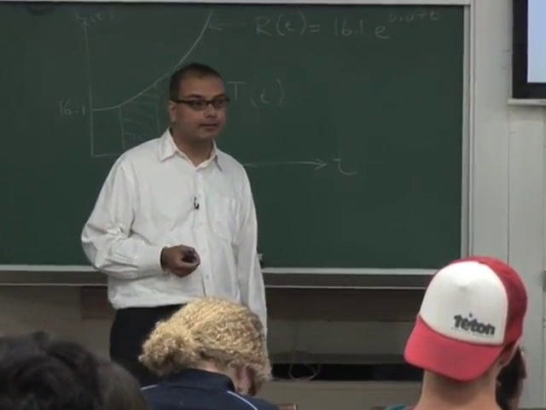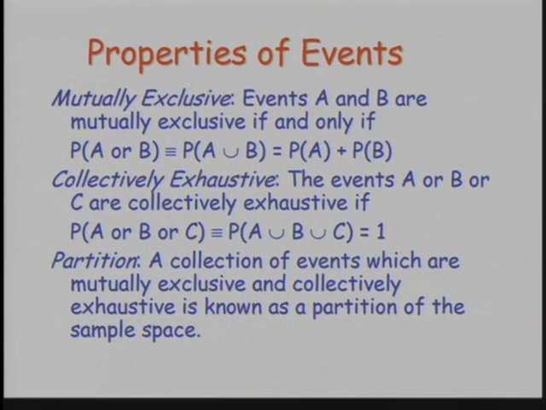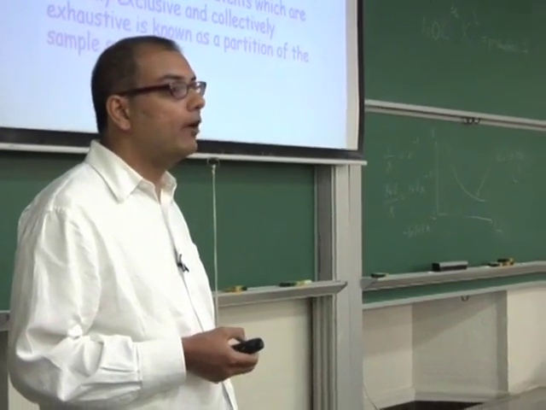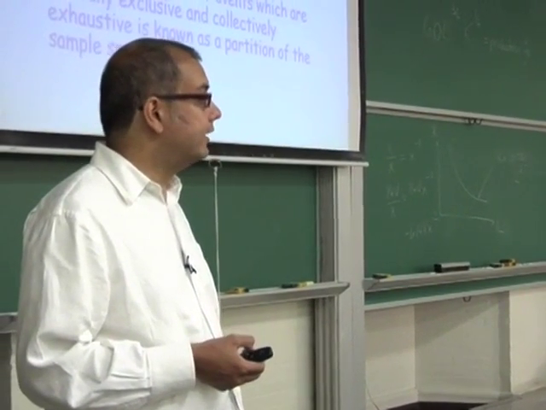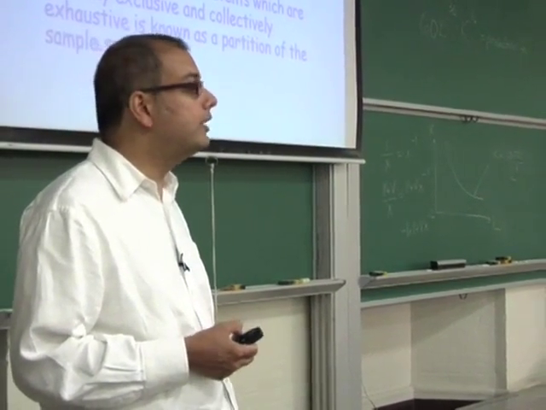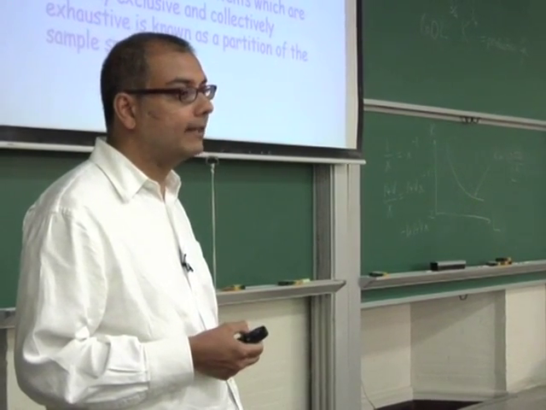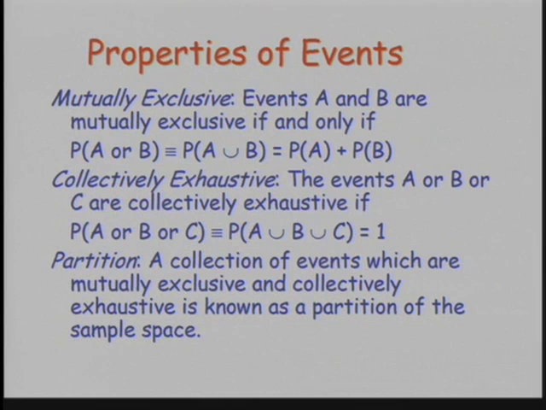Two events, A and B, are mutually exclusive if and only if the probability of A or B, and A or B has a very specific meaning in probability, and that specific meaning is the probability of the union of events A and B.